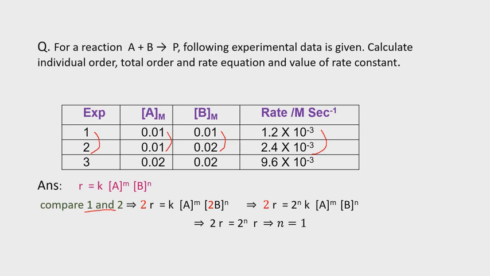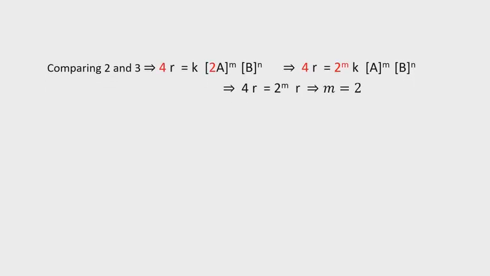Next we are going to compare one more equation, comparing 2 and 3. This is the result. Rate increases 4 times when A changes 2 times. So after solving, you will get m equal to 2.